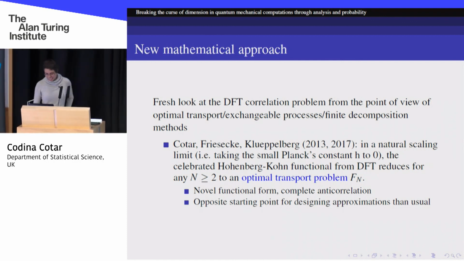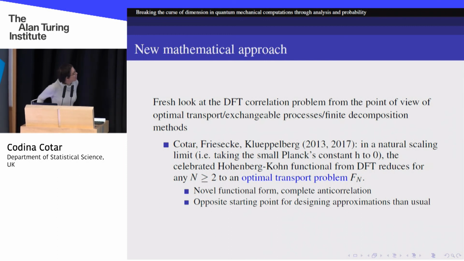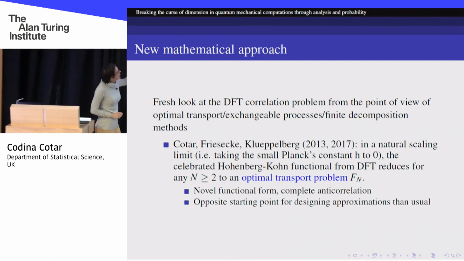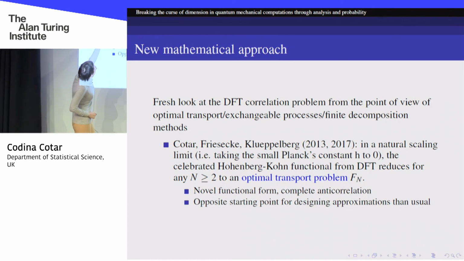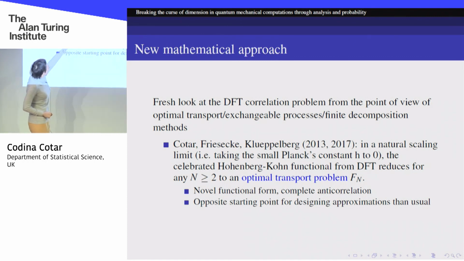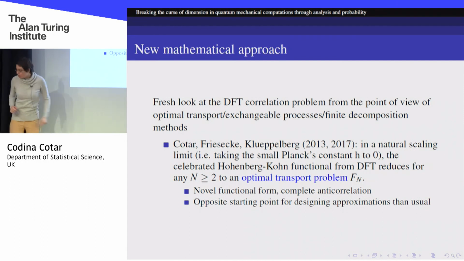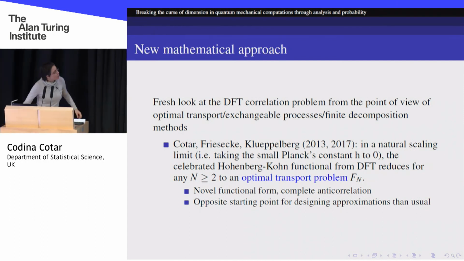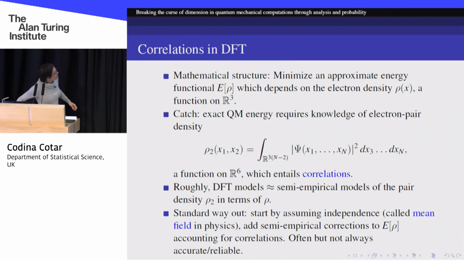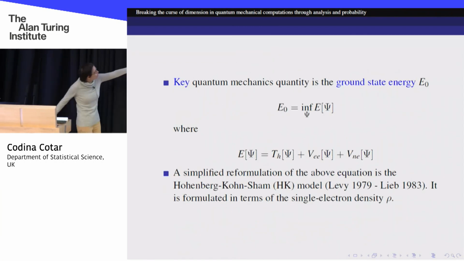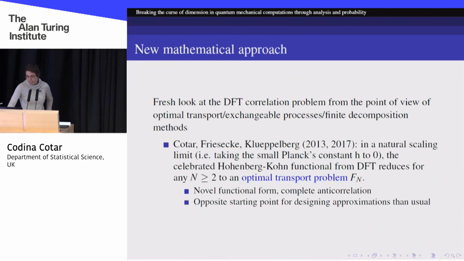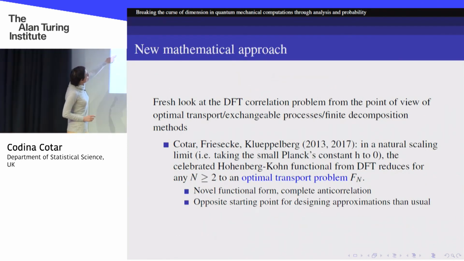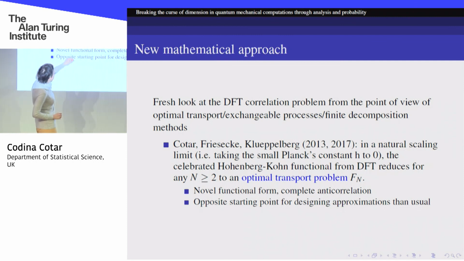Okay. So in work with the experts from Munich, we were able to say that one of the terms appearing in the Hohenberg-Kohn formulation can be rewritten, reduced to an optimal transport problem.